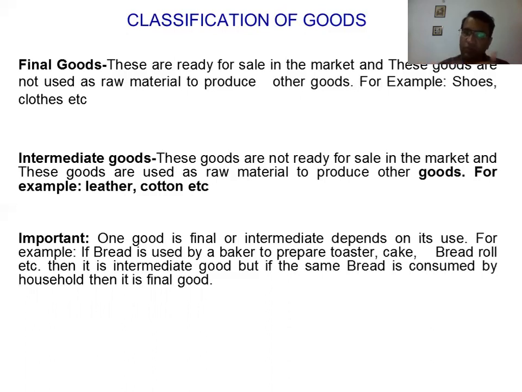But if it is used by the household, then it is a final good. It means it depends on the use. If it is used by another person for resale, or if it is finally consumed, it depends on the use. On the basis of use, we can decide whether it is a final good or an intermediate good.